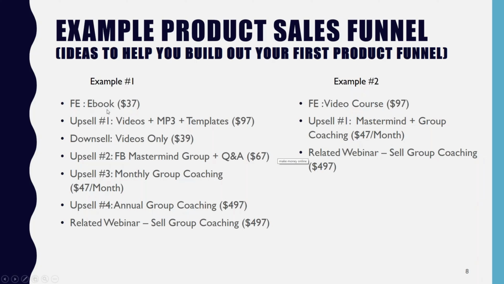Again, you could offer an ebook, and then the video version of that ebook with the MP3s and templates could also be included. Then you offer some videos. Then you could upsell to a mastermind group and Q&A, monthly group coaching, and just keep adding value to people. Example number two, you could do a video group, mastermind plus group coaching, and then offer group coaching on an annual basis as well. These are just some ideas of things you can add to a perfect sales funnel.